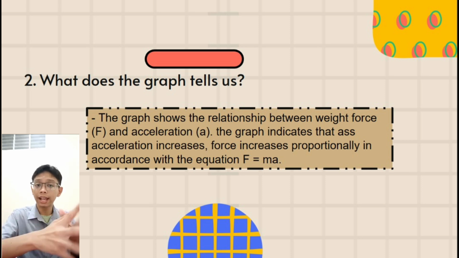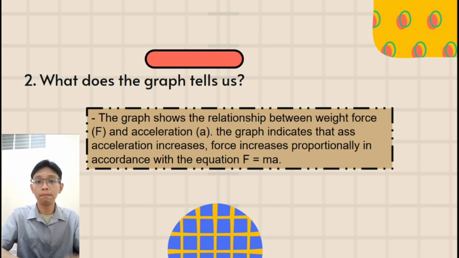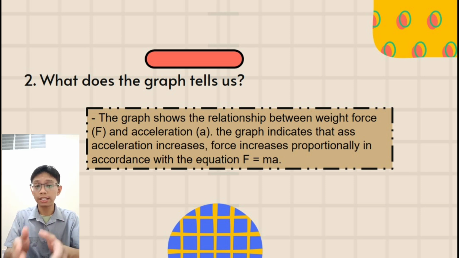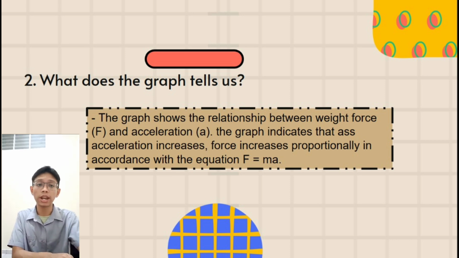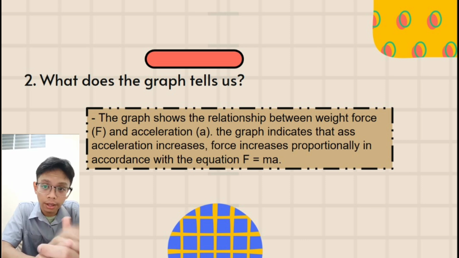So, the graph tells us the relationship between force and acceleration of the object. The graph indicates that as acceleration increases, force increases proportionally in accordance with the equation F equals ma. So that's the second question.